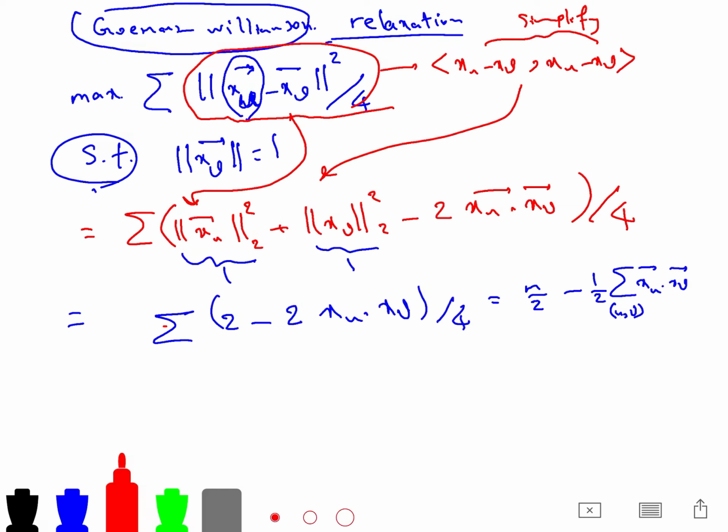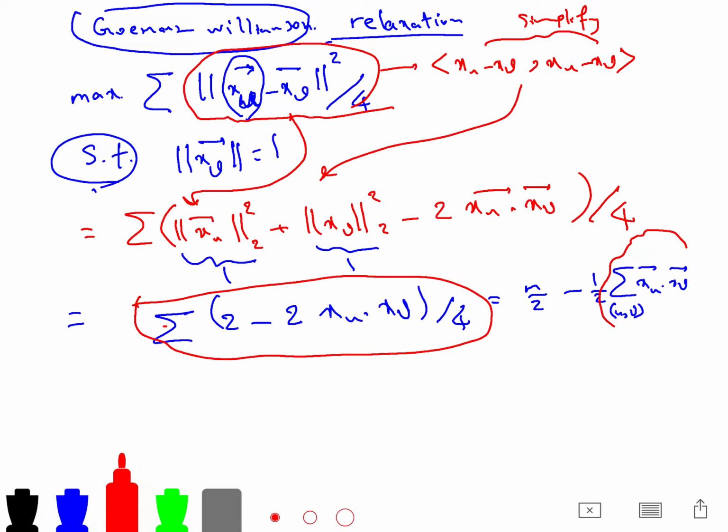So now the problem is just, because we want to maximize this guy, it is equivalent to saying that we are minimizing this guy. So the problem formulation has been converted to another problem, which is minimization of the sum of all dot products for any vertex.